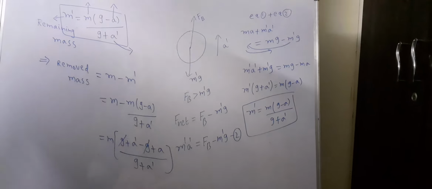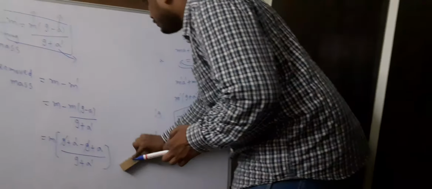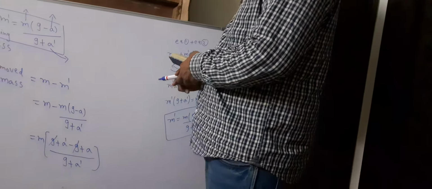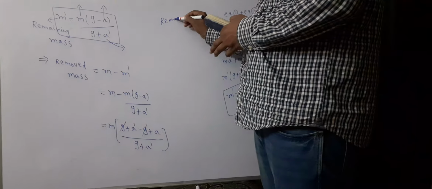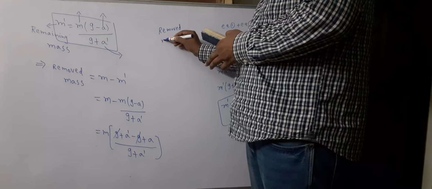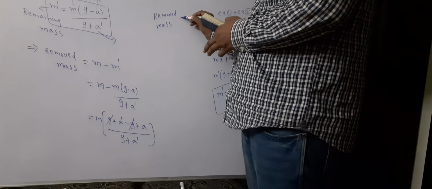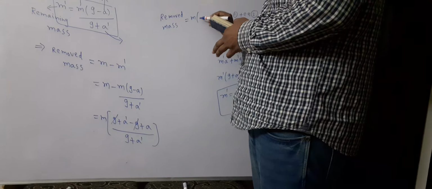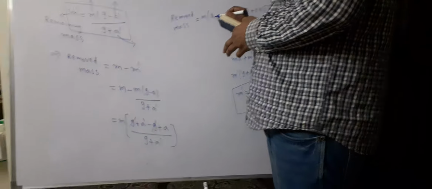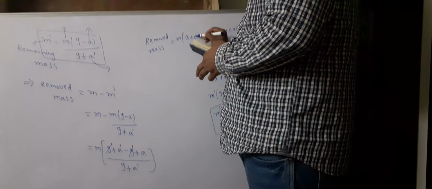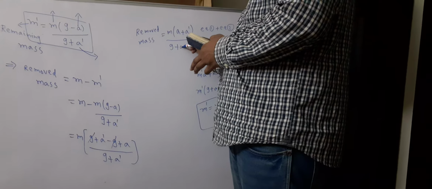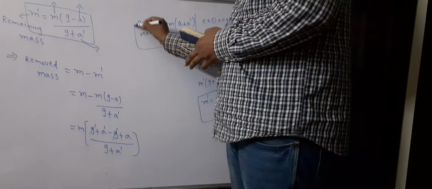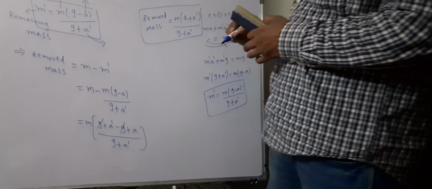The g cancels. What is the formula for removed mass? Look here. The removed mass formula is m into a plus a dash, whole divided by g plus a dash. This is the formula for removed mass.